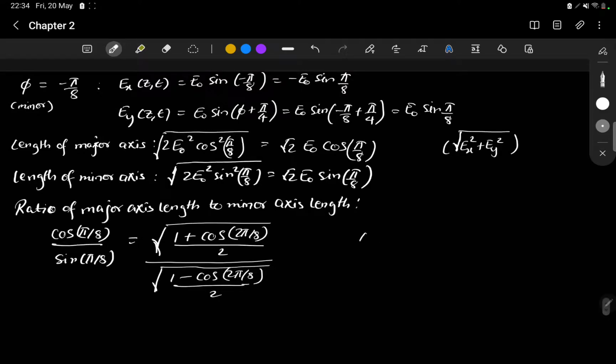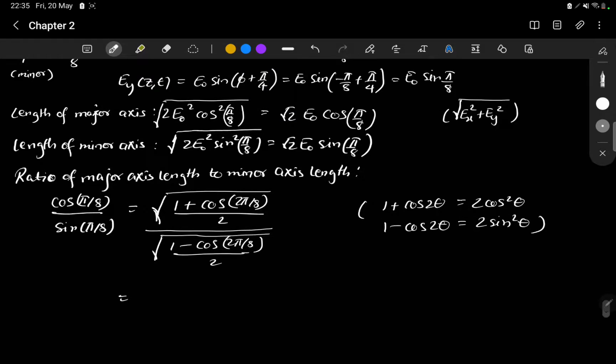This comes from the identity that 1 plus cos 2 theta is equal to 2 cos squared theta, and 1 minus cos 2 theta is equal to 2 sine squared theta.